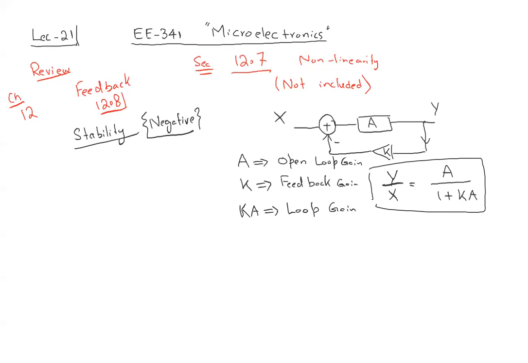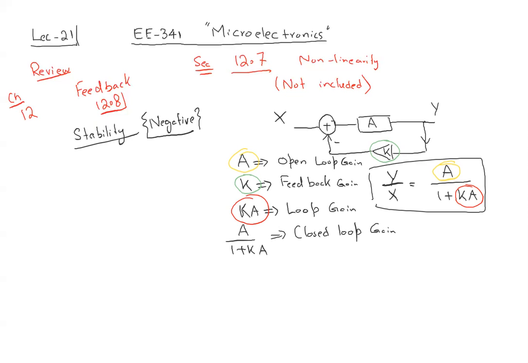Let me point out all the things. This is A. This one is KA, and this one is KA. And here this is K. Just make sure these things are clarified. And the closed loop gain, because these things might become confusing, we just write here: A divided by 1 plus KA.